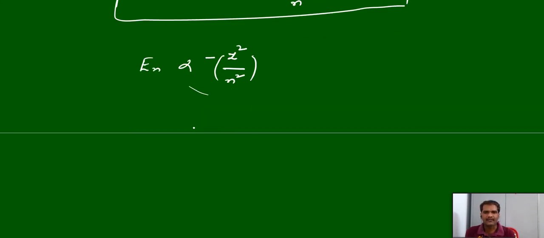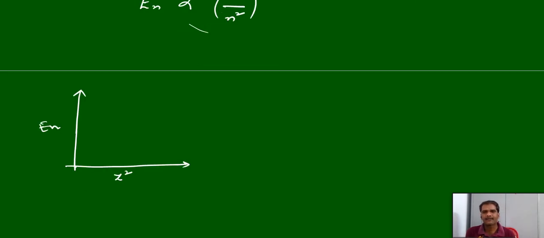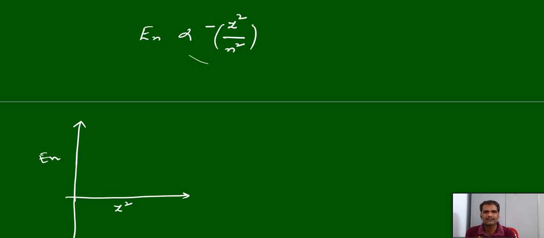Now you can draw a graph from this with respect to Z and with respect to n. Let's take energy versus Z square. Let me take Z square directly. What kind of graph will we get here? See here, this is like y equals minus mx.